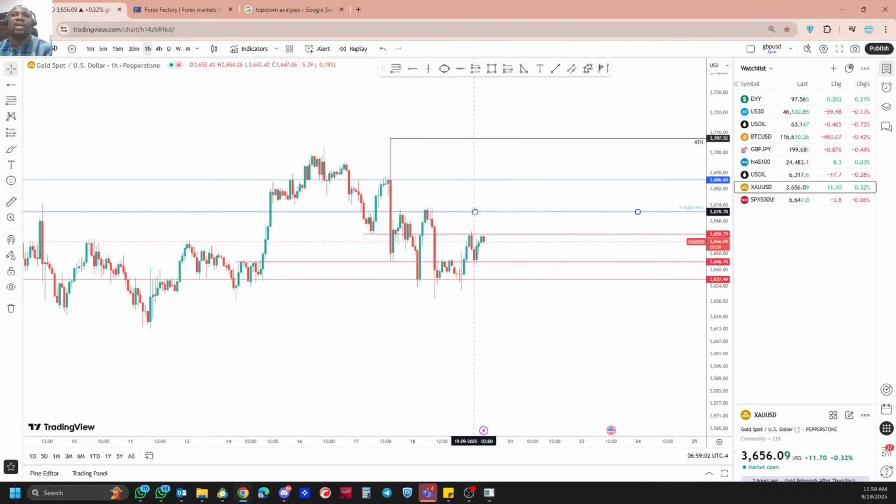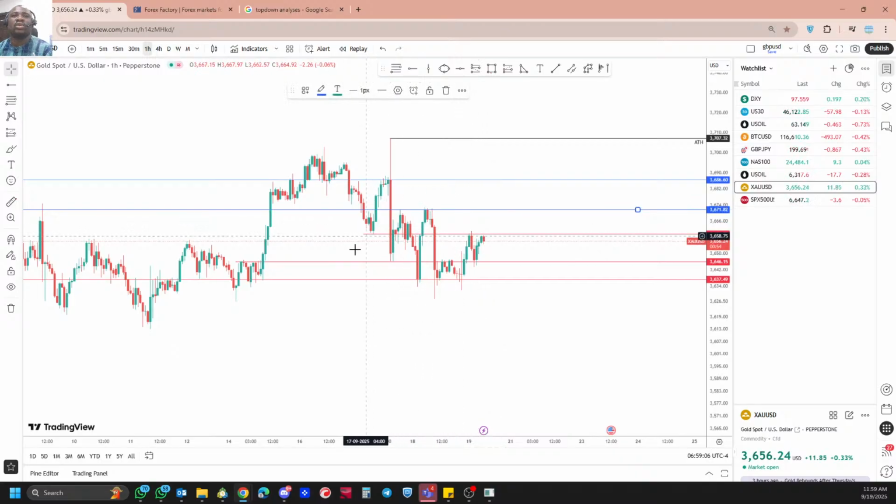I can use this resistance here. So this was a support before, agreed, because price reacted, bounced off it. It broke it, price went back up, bounced off it, broke it, went back up. So now this is a significant level to see what price does, if it's going to close and bounce up or come down.